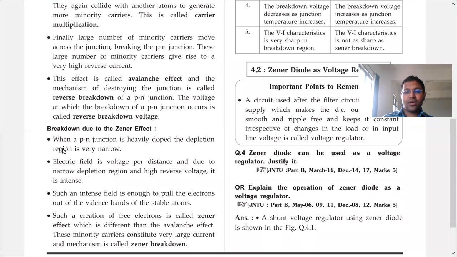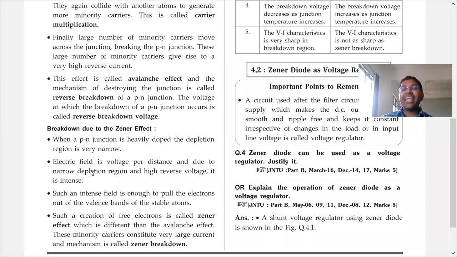Now, this is the outline which I have given. Now let us see point by point. You know, a Zener diode is a heavily doped PN junction diode. It is also a PN junction diode, but heavily doped. When doping is more, we have discussed this several times, the width of the depletion region is thin, or narrow.